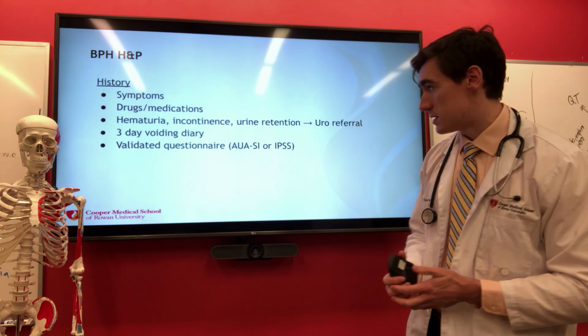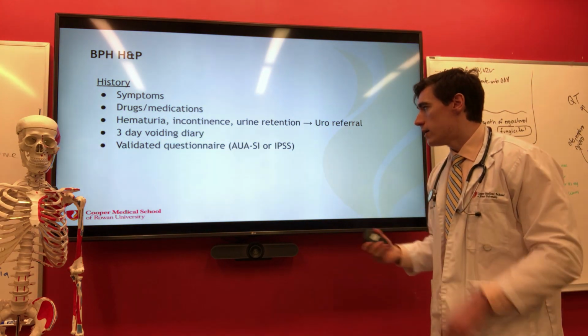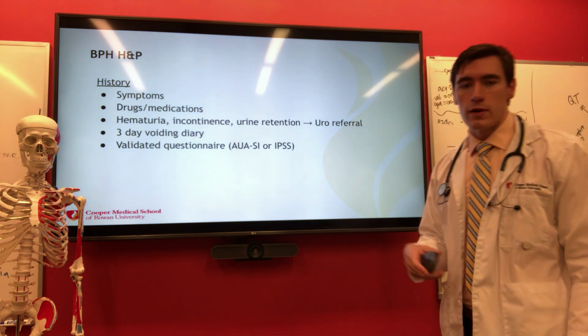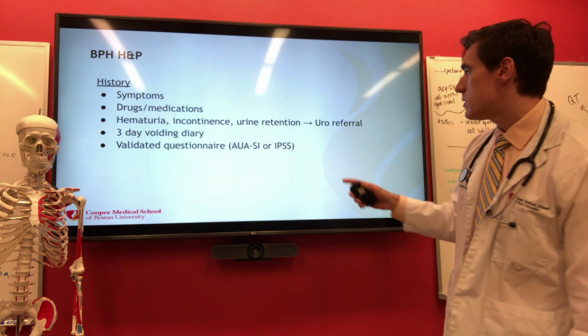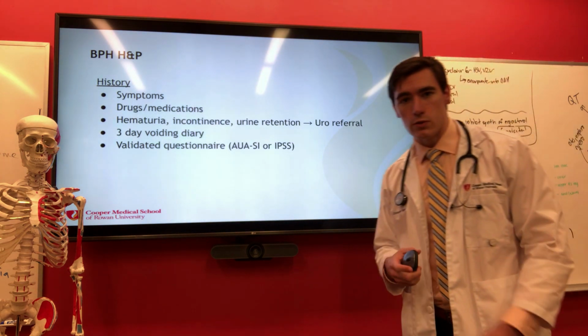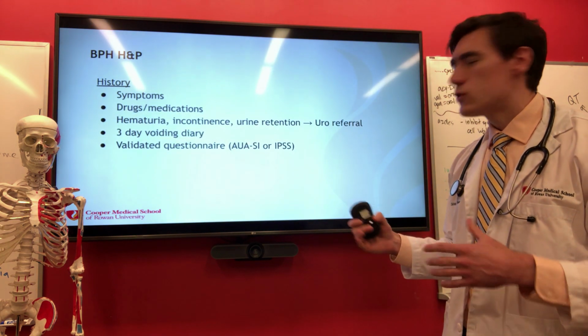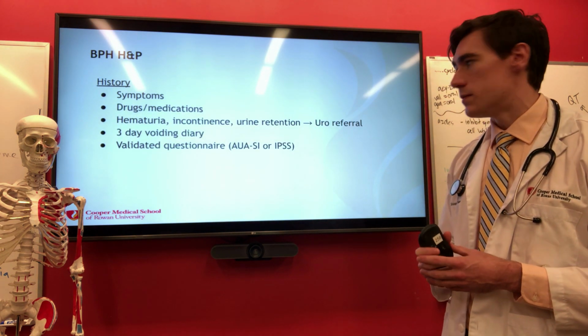Next, you want to have them do a validated questionnaire. This includes the AUA, or American Urologic Association, Symptom Index, or the IPSS, the International Prostate Symptom Score. These are both validated questionnaires that don't help as much with treatment, but rather help with tracking treatment, right?